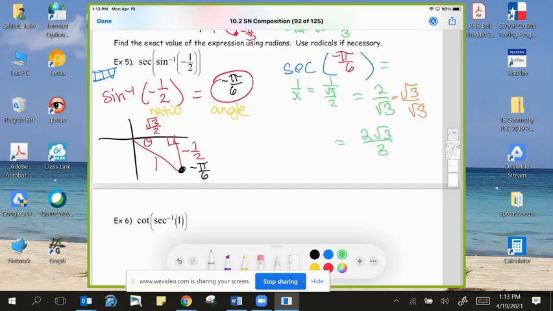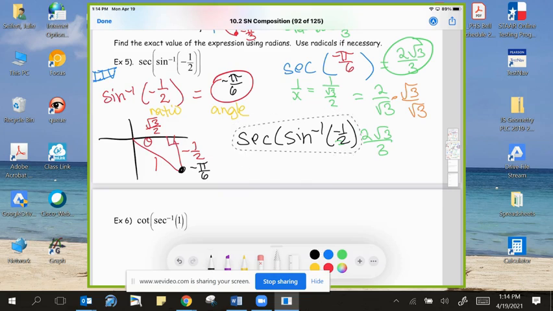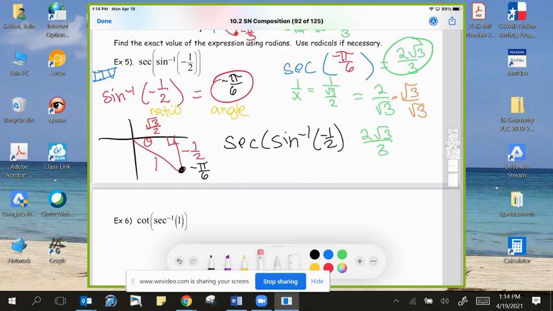So secant negative pi over 6 is 2 root 3 over 3, and that is the final answer. Secant of sine inverse of negative 1/2 equals 2 root 3 over 3.